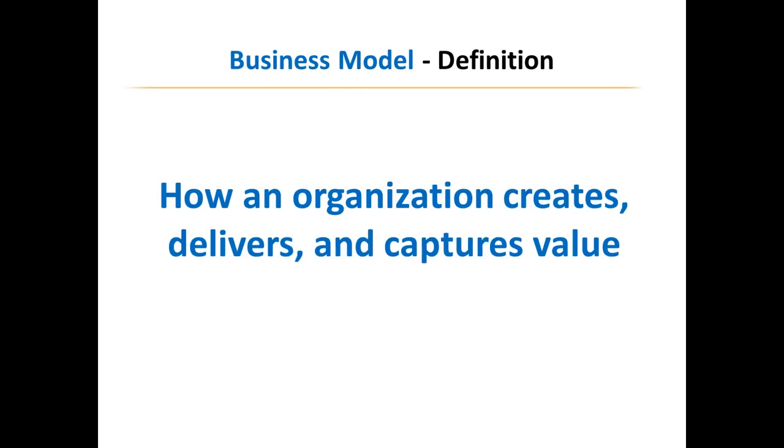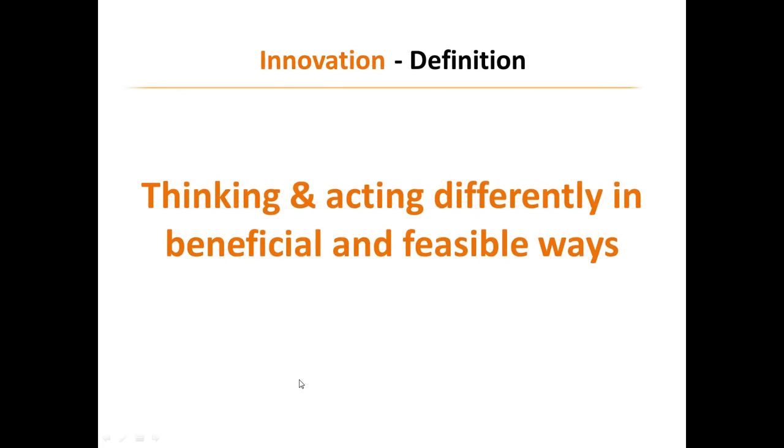So let's look at this definition of a business model. I'm sure there are many, but we're going to use this one throughout this webinar. A business model is how an organization creates, delivers, and captures value. Now we're going to try and weld to this definition our definition of innovation, which is thinking and acting differently in a beneficial and feasible way.